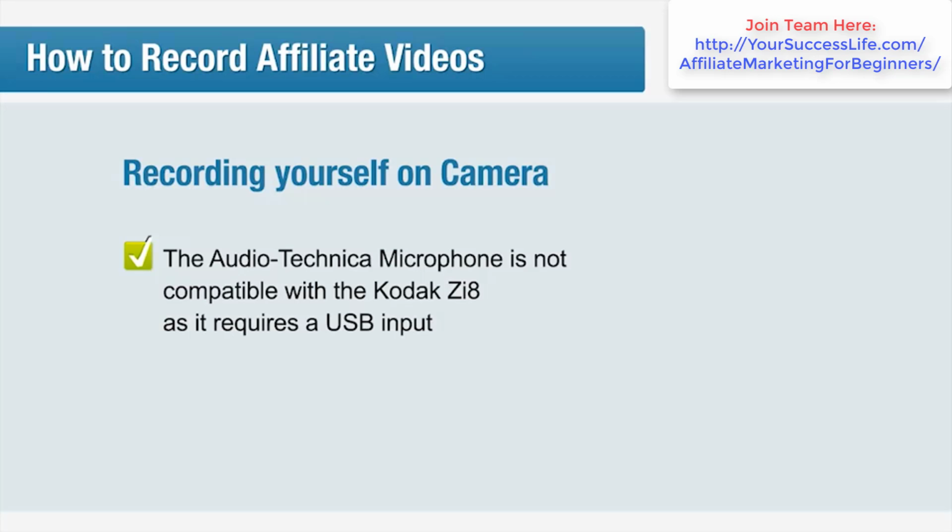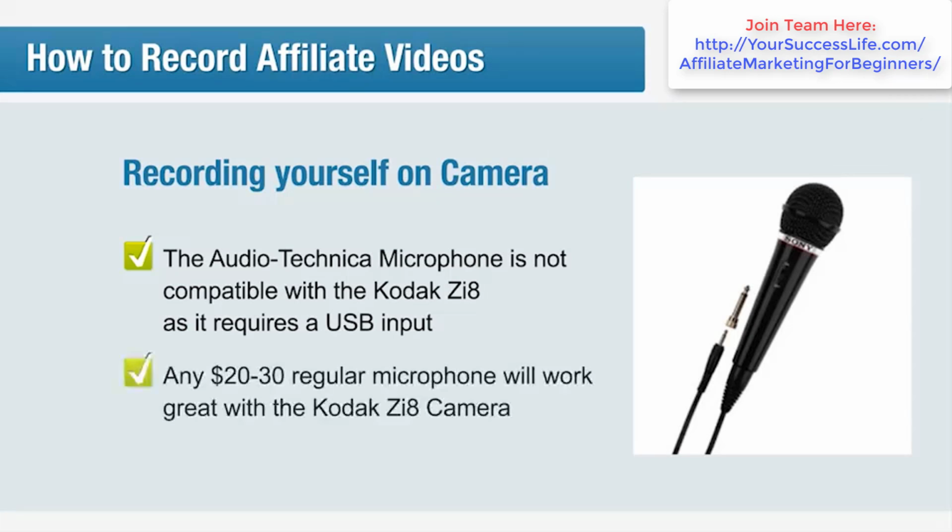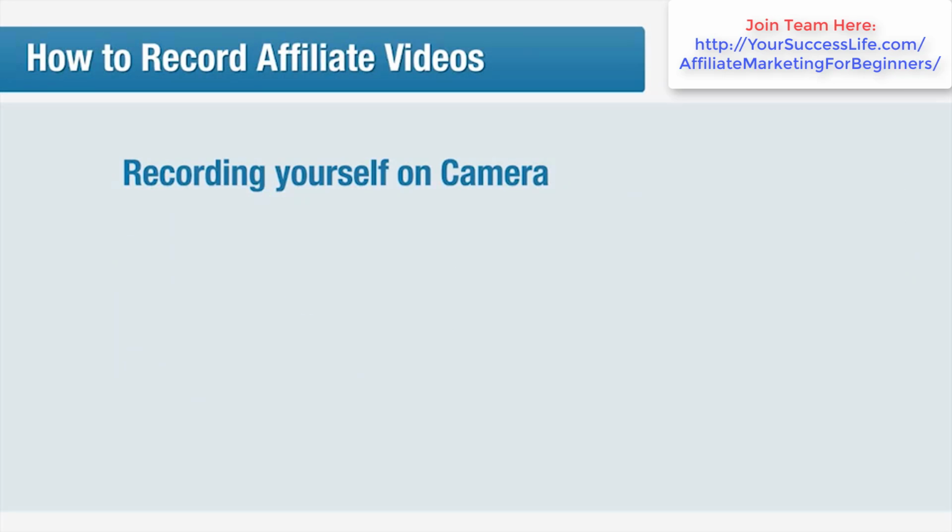You actually need to have a microphone, I think it's called an analog microphone, I'm not 100% sure, that has a jack that looks like that, as opposed to a USB plug. So any $20 to $30 regular microphone seems to work pretty good though, and that's what I've gone along with to go with my Kodak ZI-8. So you may want to just get one of these Sony microphones or something like that for $20 to $30 to go with your ZI-8 video camera.